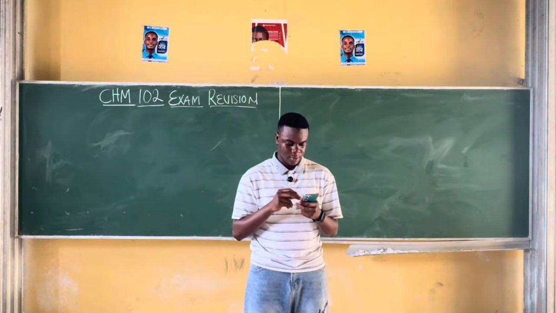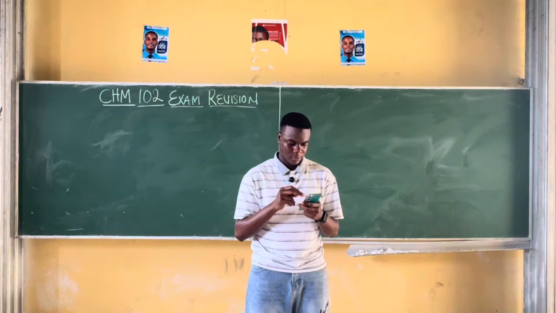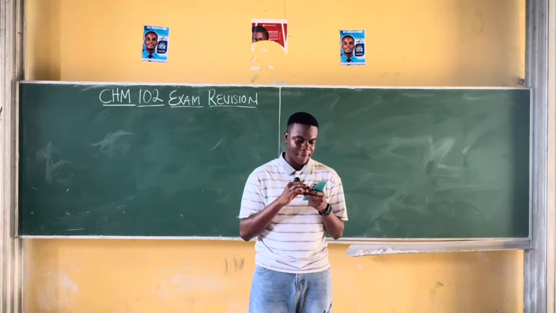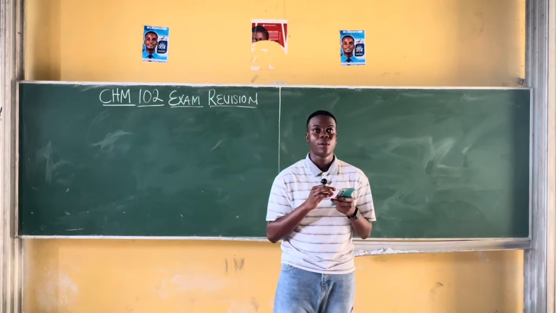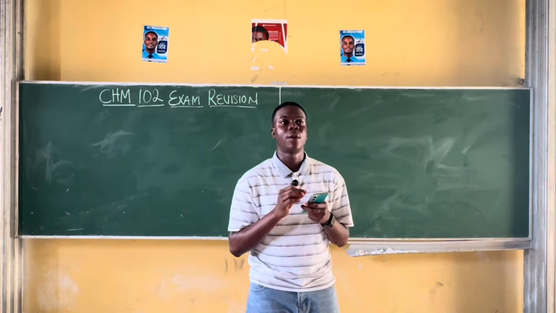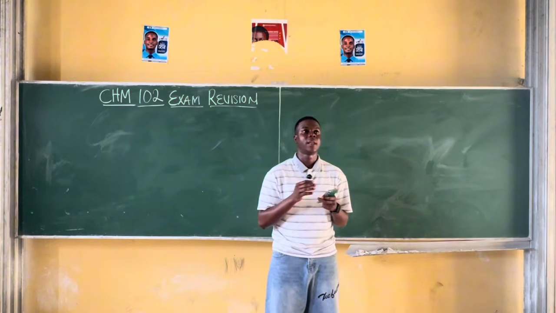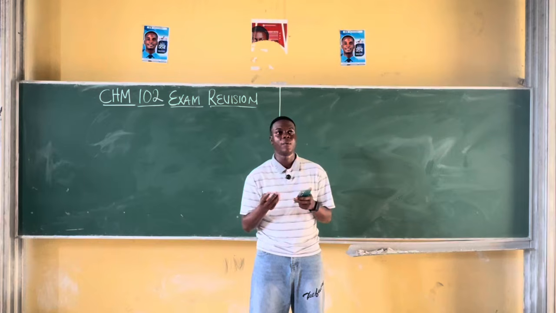The instruction says answer any 4 questions. So during your chemistry exam, you have to answer any 4 questions. They give you a total of 6. You answer any 4 of your choice.